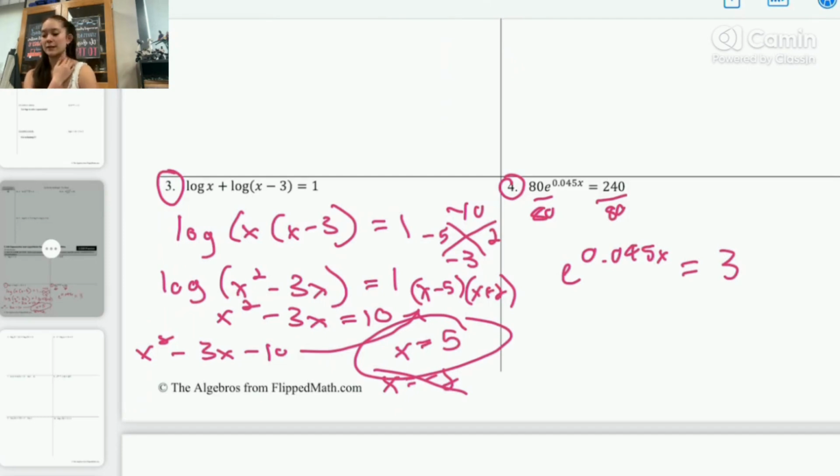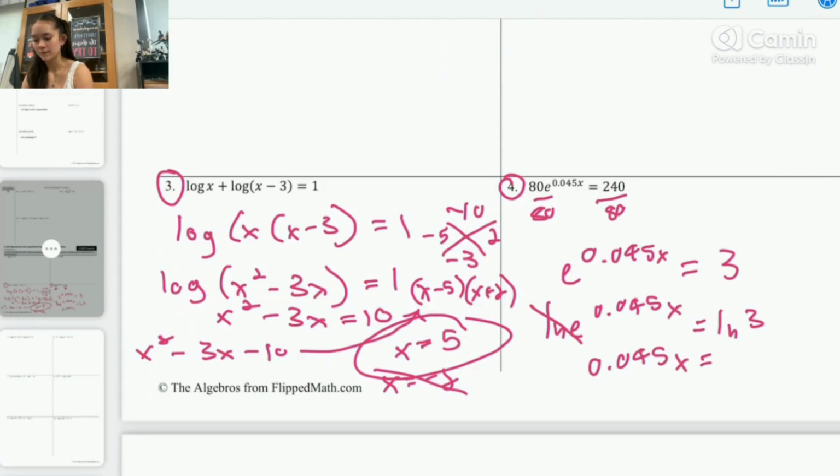And then from there, you're going to do the same process that you did for number 2, or the first problem that we did, and you're going to put the ln to make sure that the ln and the e cross out. So that's going to be ln e to the power of 0.045x. And then on the right side, you're going to have ln 3. And then from there, this is going to cross out. So you're going to have 0.045x equals ln 3. And you can now divide both sides by 0.045.